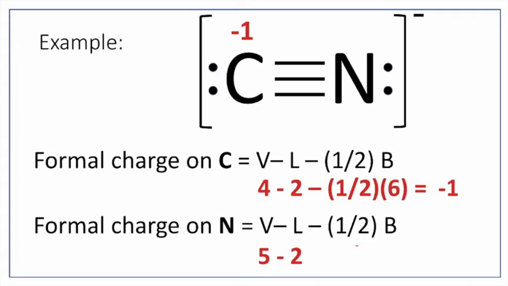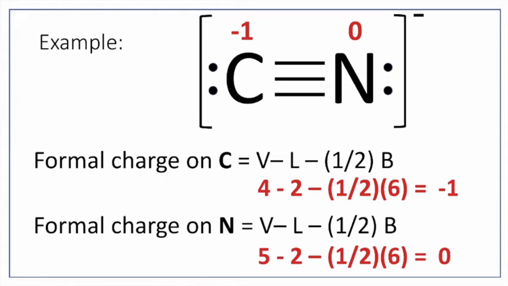Each bond has 2 electrons in it, so that means we have 6 electrons that are tied up in the bonds. We're going to subtract half of these. 1/2 times 6 is 3. So we've got 5 minus 2, minus 3, and this gives us a formal charge of 0. And we're going to put this over the nitrogen.